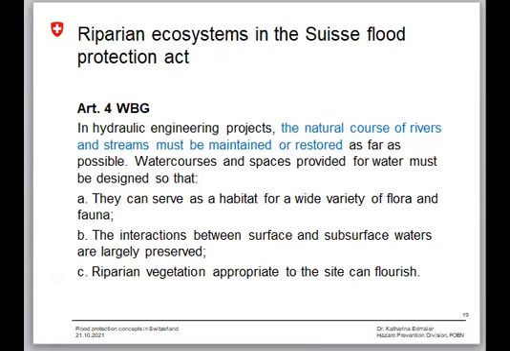The interactions between the surface and subsurface water are largely preserved, and riparian vegetation appropriate to the site can flourish. Also, additional to this, of course, we try to use soil bioengineering measures when possible and adequate.